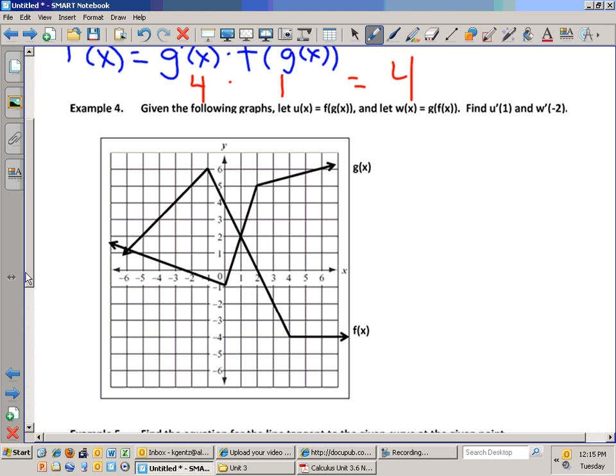So we're going to start with u prime of x. U prime of x is equal to what? If I want to derive this, what is it?